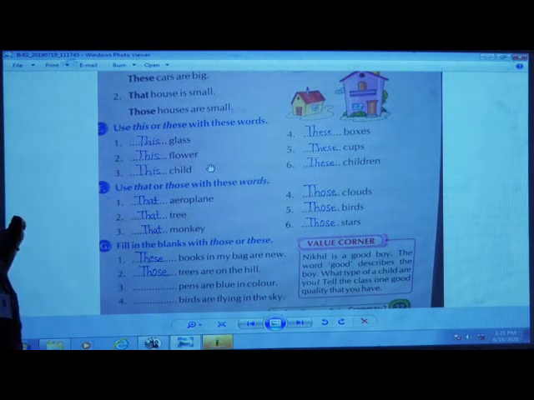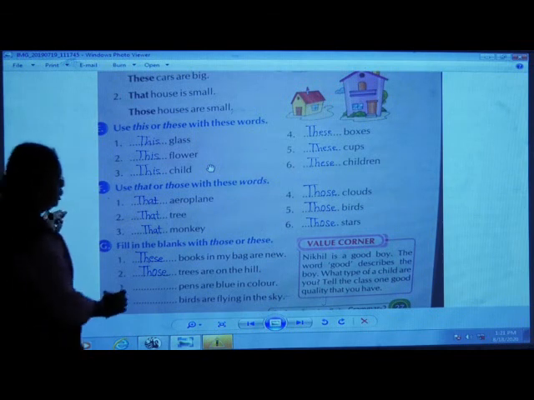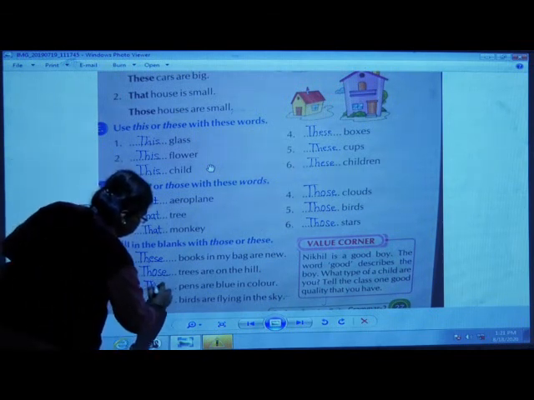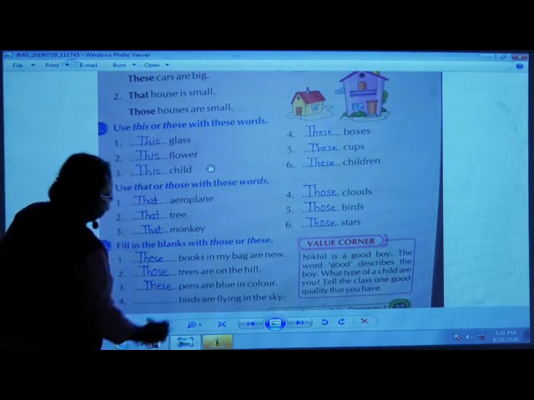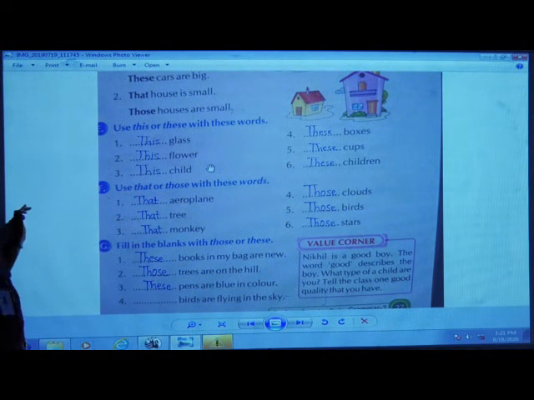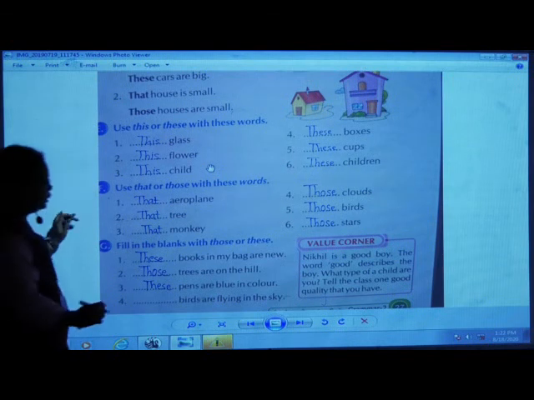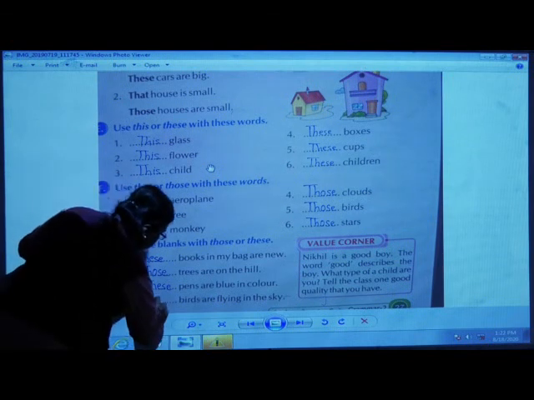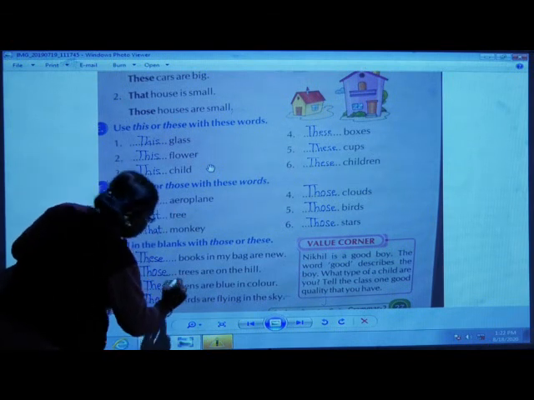These pens are blue in color. Those birds are flying in the sky.